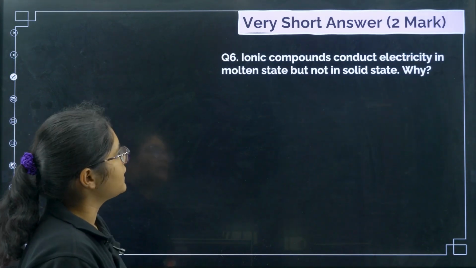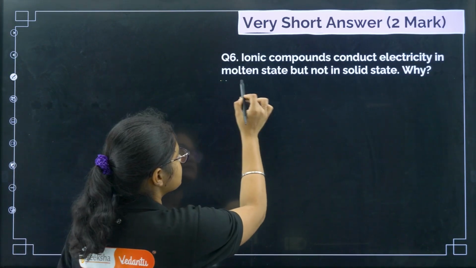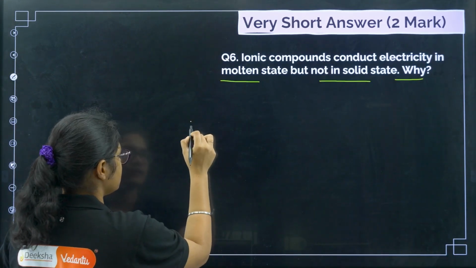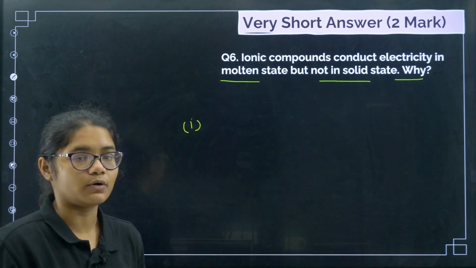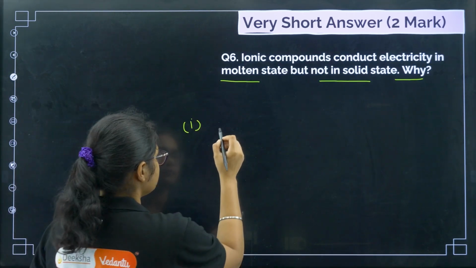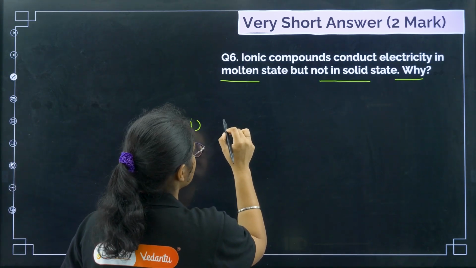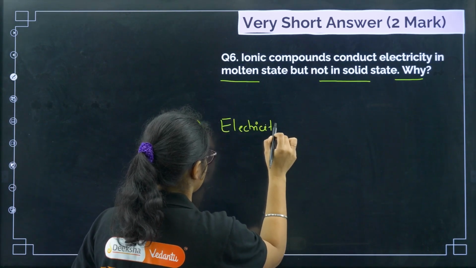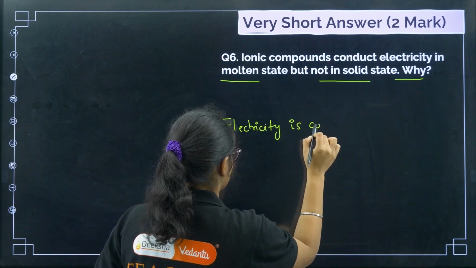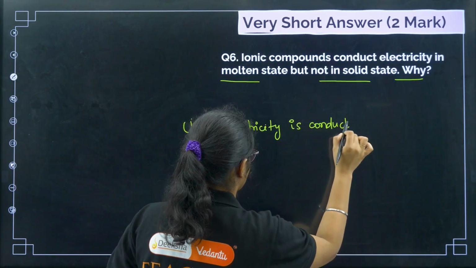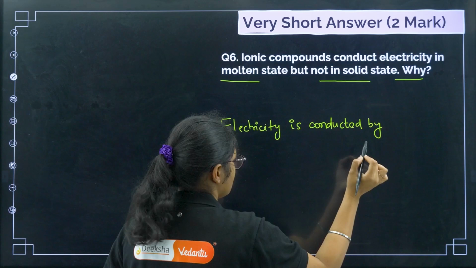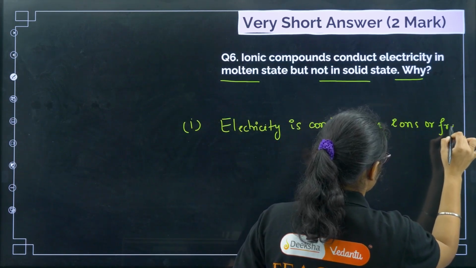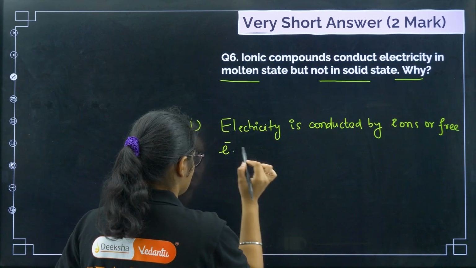Okay, next, ionic compounds conduct electricity in molten state but not in solid state. Why? So this is also a 2-mark question. First of all, you need to write that for conducting electricity what is required. Electricity is conducted by ions or free electrons, right?